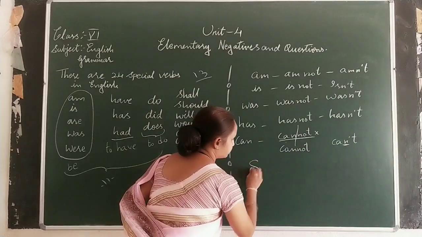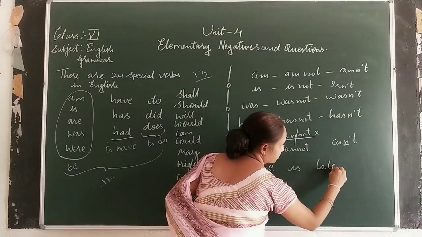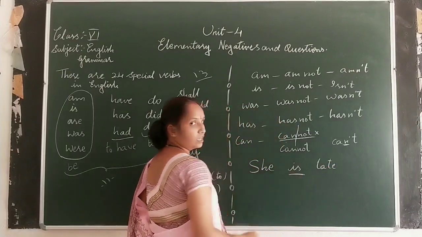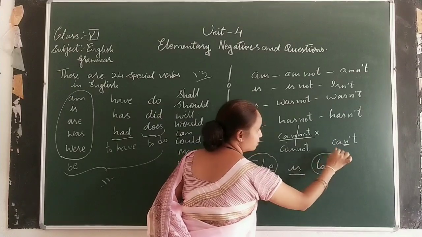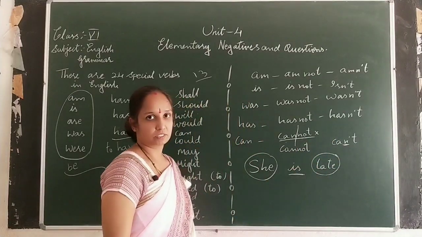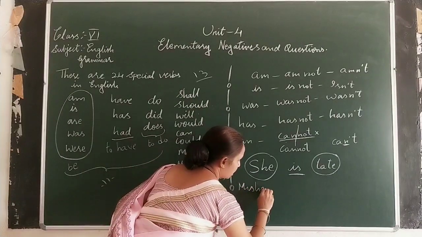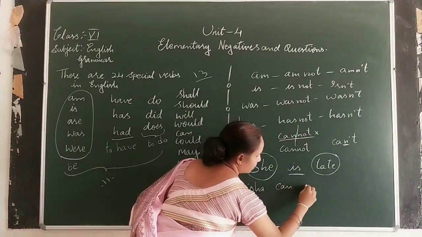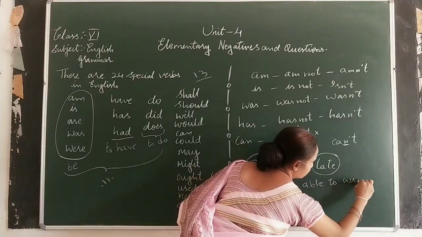Example, she is late. Is is giving the connection between subject as well as object. Understood? Next, Misha can write a letter.